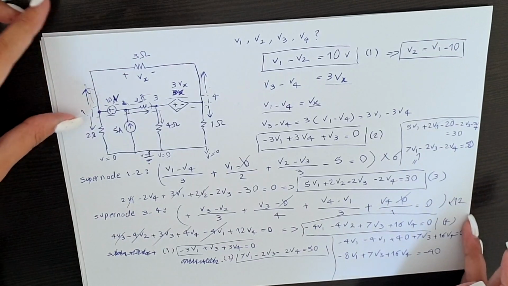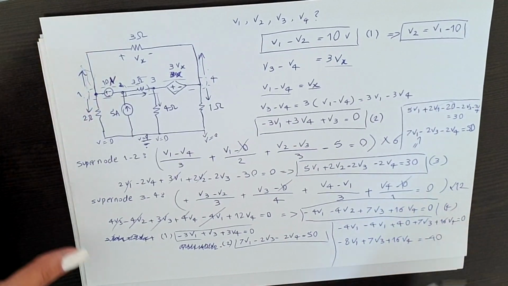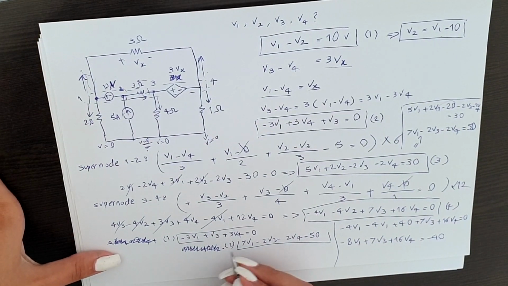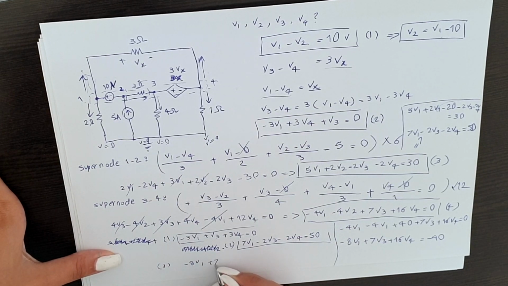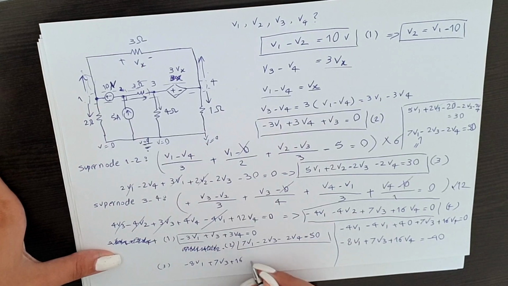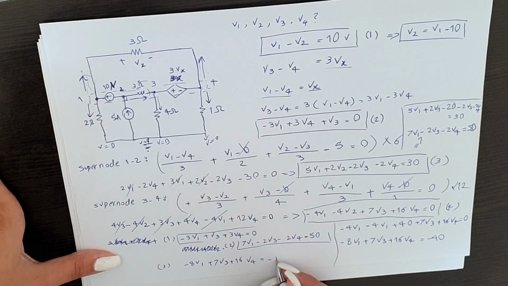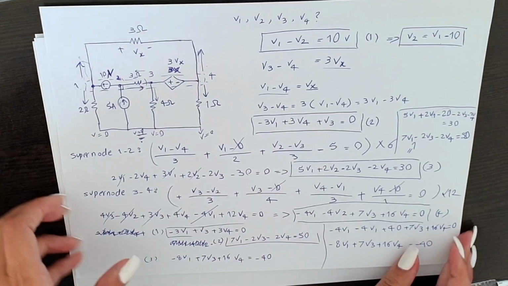So our third equation is minus 8v1 plus 7v3 plus 16v4 is equal to minus 40. Then I'm going to write matrices according to these three equations.